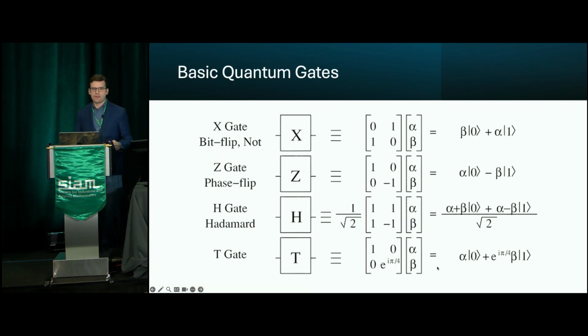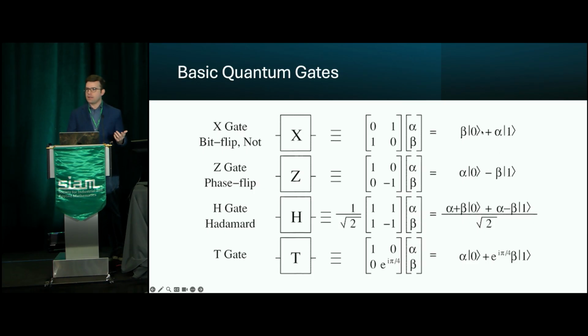So, quick tour of some common single qubit gates you see. A lot of these have analogs to classical logical gates, which I think is kind of important to keep in mind. So for example, if you have the X gate here, this is sort of analogous to a classical NOT gate. It looks like this friendly little matrix here. It'll swap the probability amplitudes in front of each of these two basis states.